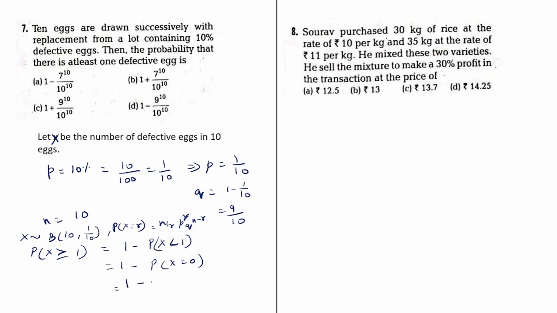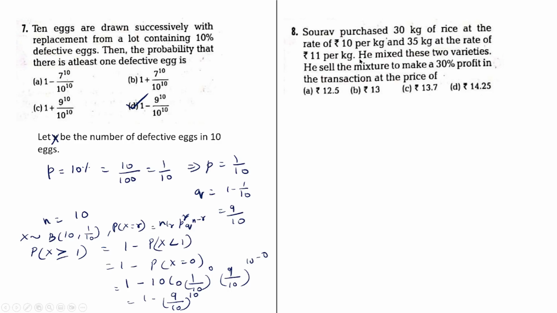So it is 1 minus 10C0, 1 by 10 whole raised to 0, 9 by 10 the whole raised to 10 minus 0. So this is 1 minus 9 by 10 whole raised to 10, which is 1 minus 9 raised to 10 by 10 raised to 10. The correct option is option D.